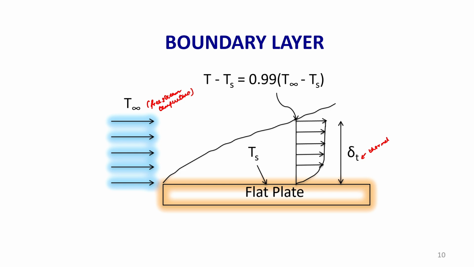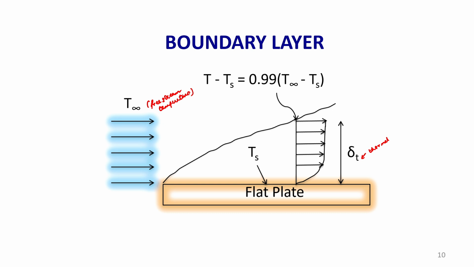Okay. So here also, at this point, the temperature is this one. As you move, T minus Ts, the temperature at any point minus Ts, will be equal to 99%, which is close to 100%, of this temperature, T infinity minus Ts.